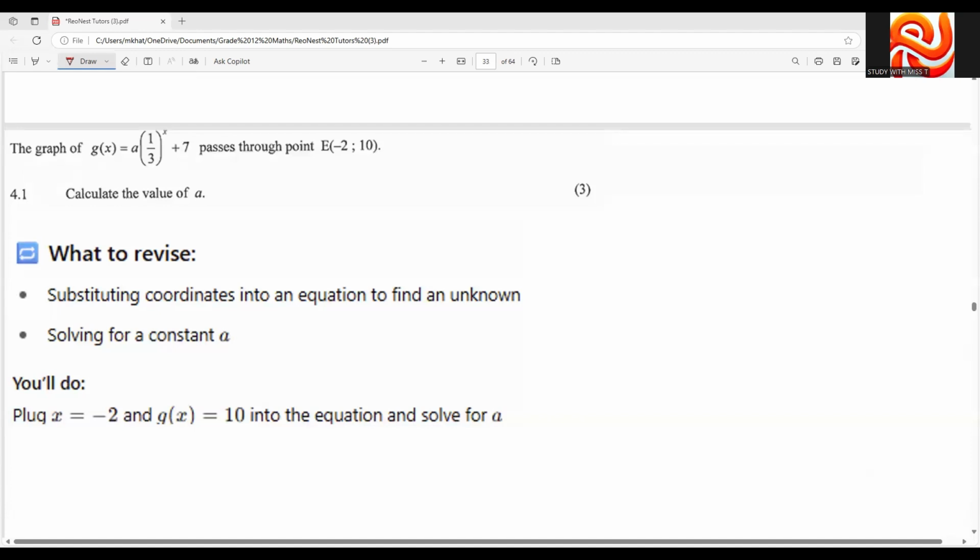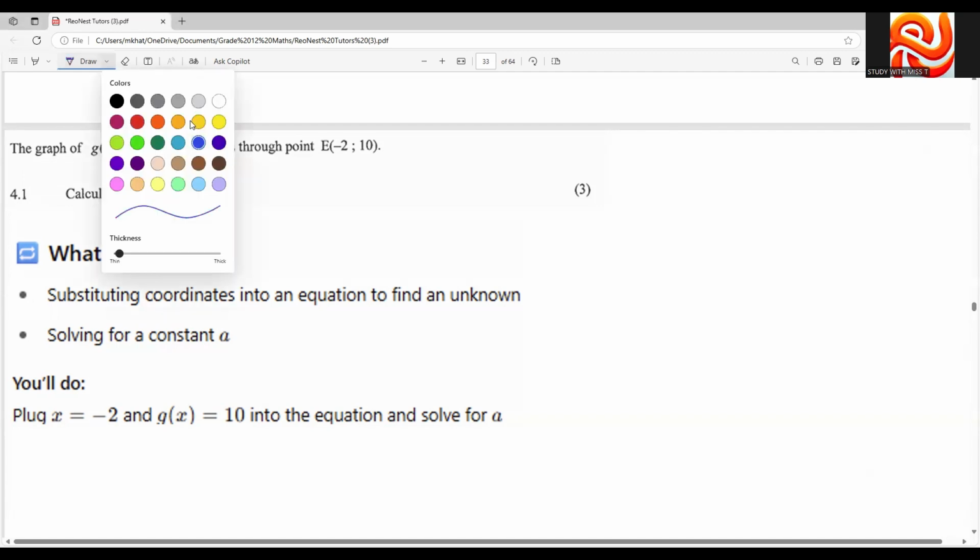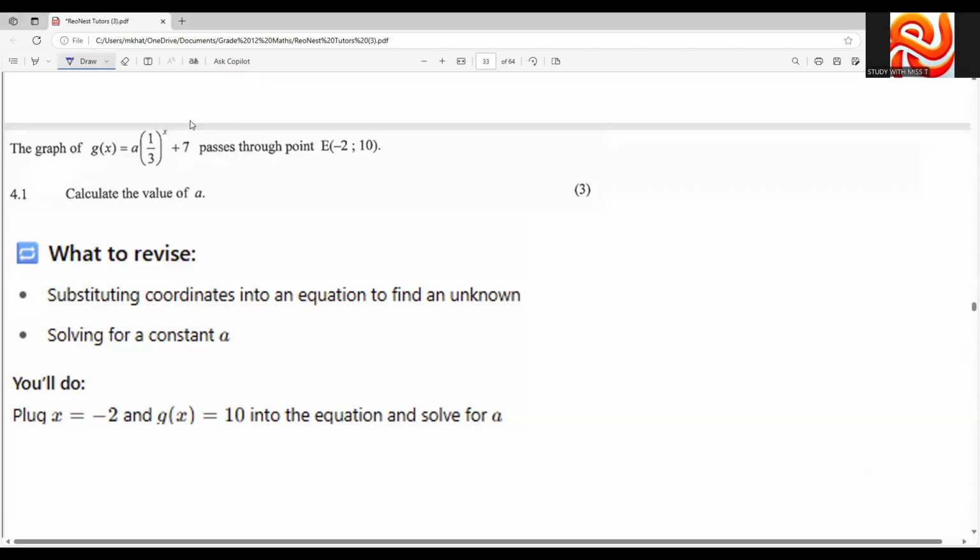What we're going to do, it's just straightforward to substitute the coordinates, right, into the equation to find the unknown, then we solve. So remember in this case, when we're saying g of x, it's the same as saying y is equals to a times 1/3 to the power x plus 7, right?